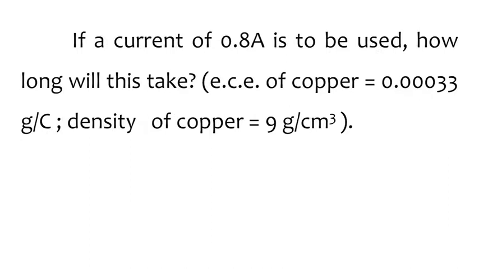If a current of 0.8 ampere is to be used, how long will it take? Electrochemical equivalent of copper is given as 0.00033 grams per coulomb. Density of copper is equal to 9 grams per centimeter cube.